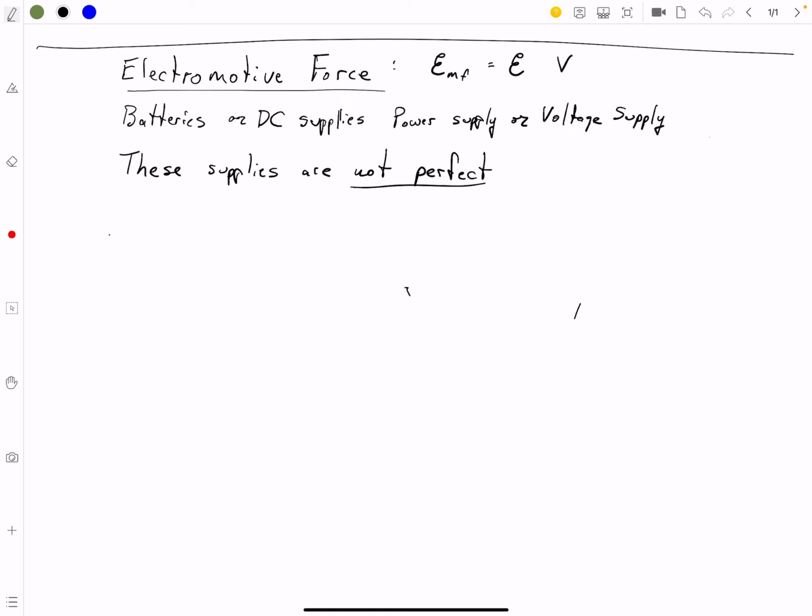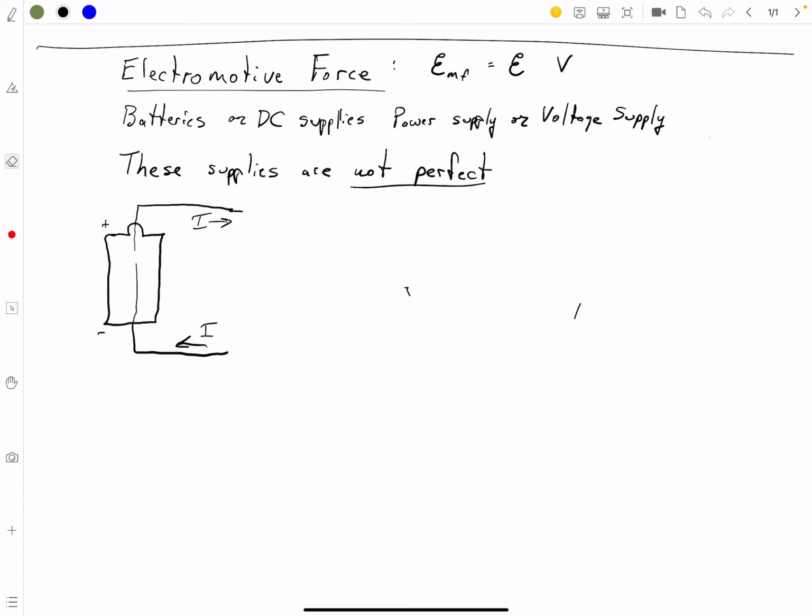So we've got some battery, some Duracell, copper top, whatever battery. It's got terminals. It's got some current flowing out. This is the positive terminal. This is the negative terminal. It's got some current flowing in. What is happening on the inside? Well, let's look on the inside. Here's our imaginary line that is connecting on the inside.